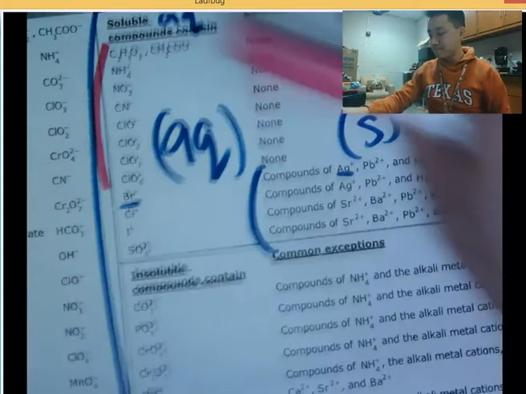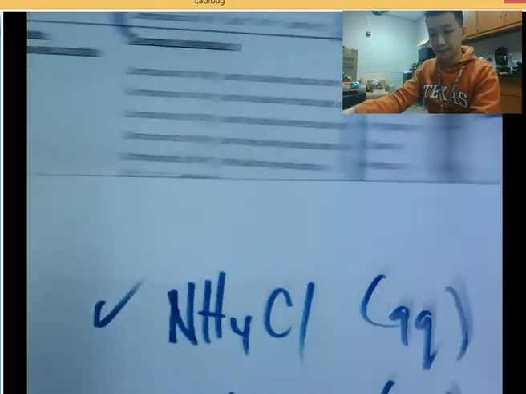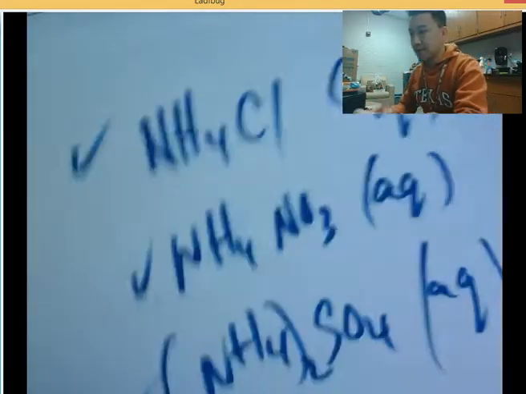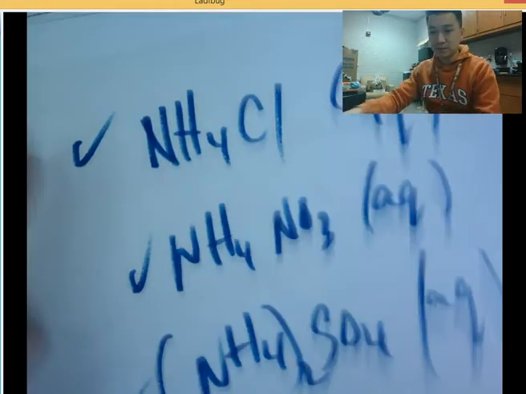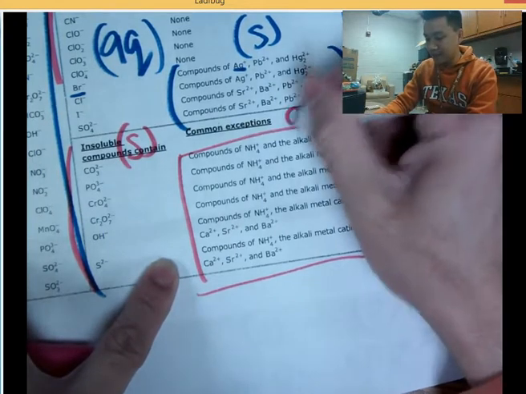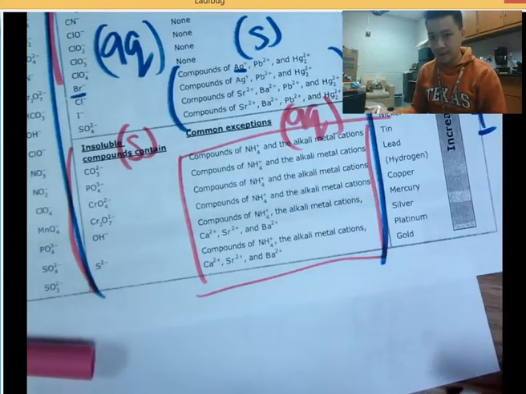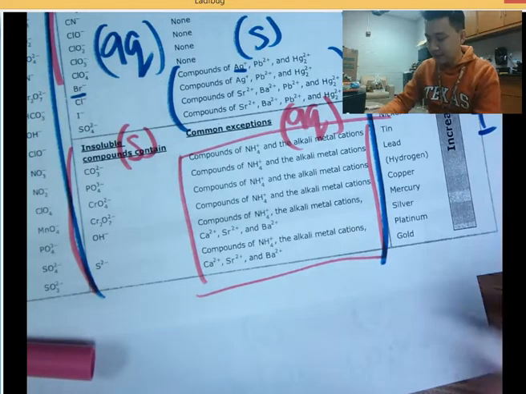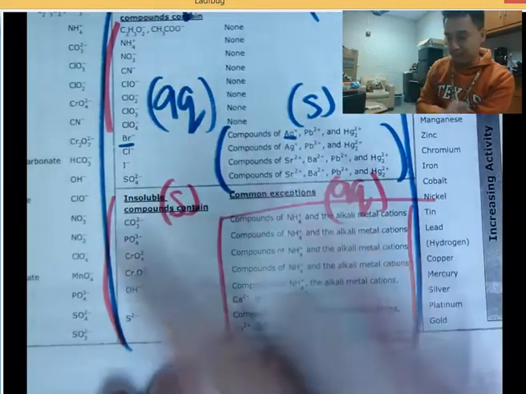So the bottom part here is the reverse. This is insoluble, which means these will be solids. These are the exceptions to them, and that's what makes them aqueous. Notice anything with NH4 is aqueous. That makes sense because the NH4 rule up here says everything with NH4 is aqueous. So if you see NH4 with any of these, that makes it aqueous.